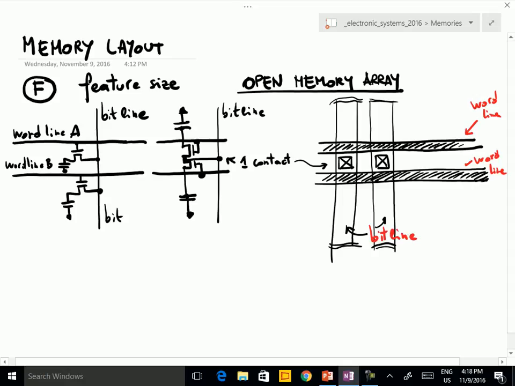And then here we have the source of the transistor, and in correspondence of the source of the transistor we make the capacitor. This disk represents the capacitor. Here is the capacitor here, and that's it.